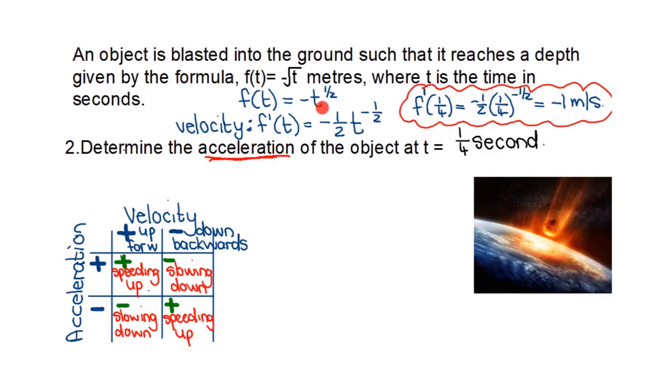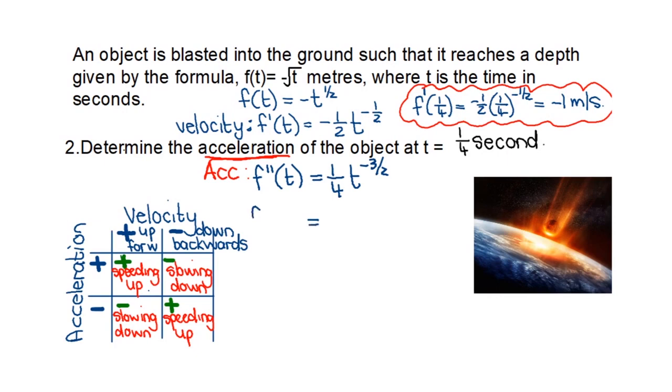So I have that already, and acceleration will be the derivative of the velocity formula. So for acceleration, I'll say it is the derivative of f. Negative, if I take that negative half times the negative half in front, it's going to be positive a quarter, t to the power negative 3/2.